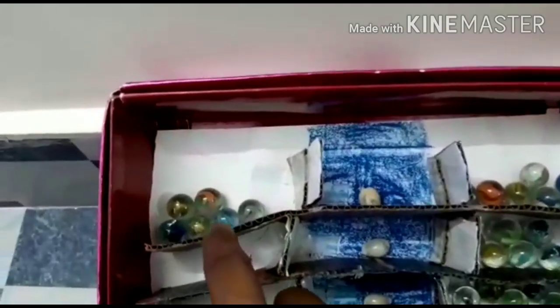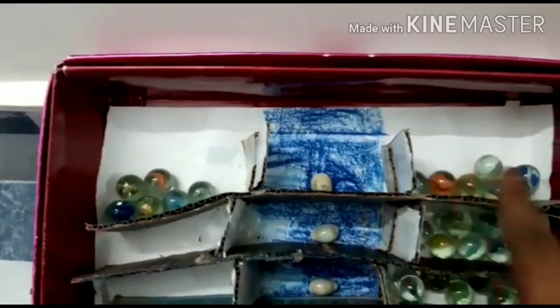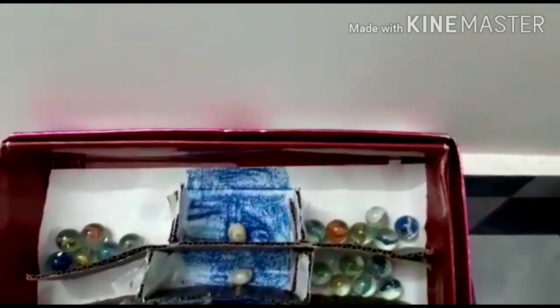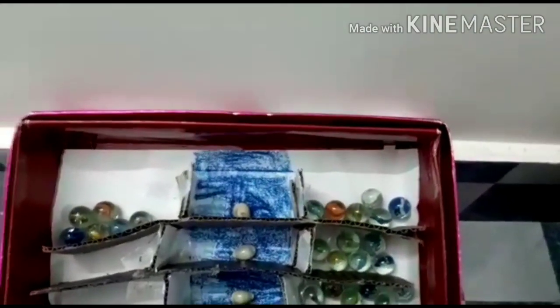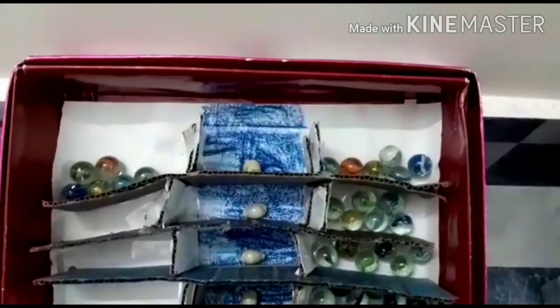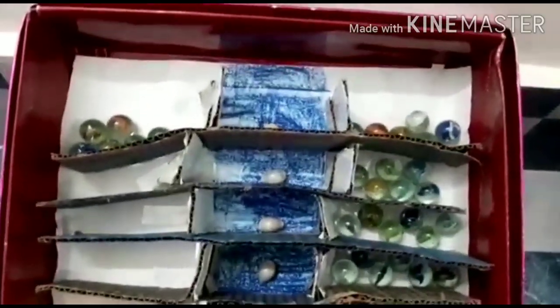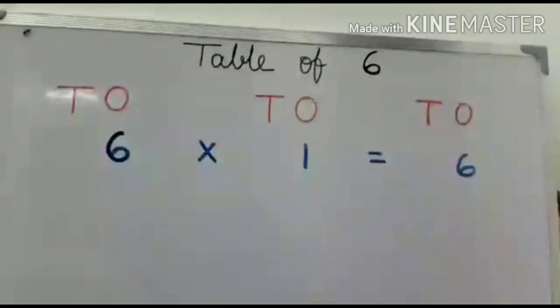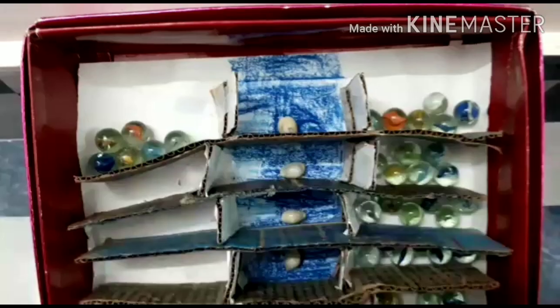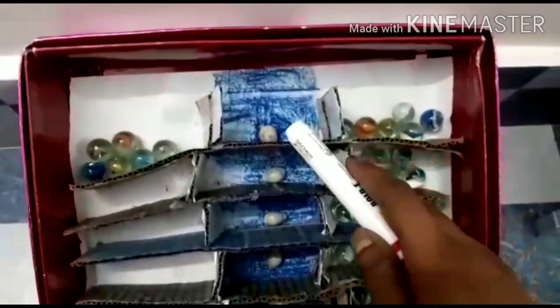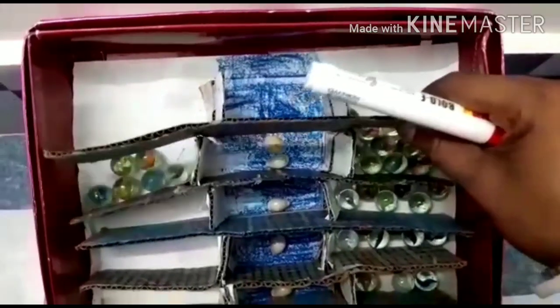Now we will start the table of 6. 6 ones are 6, which I have written on the board. Now I'll take the board.